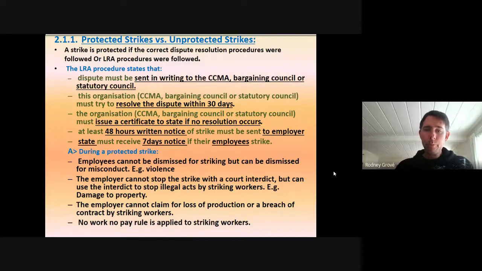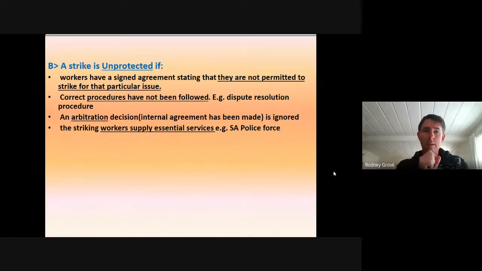Okay. Then a strike is unprotected if workers have a signed agreement stating that they are not permitted to strike for that particular issue. And this is perfectly legal. If I have a petrol station and I employ you to come and work for me, and I say to you, listen, the standard pay is, let's thumbsuck a figure, 80 Rand an hour.